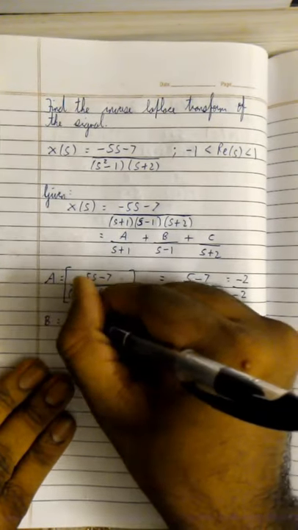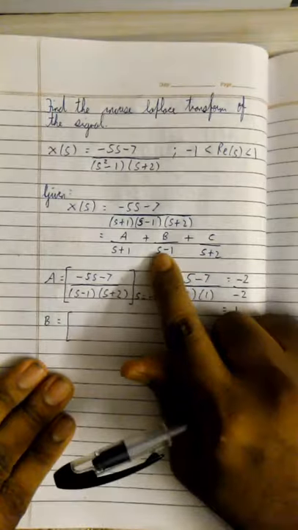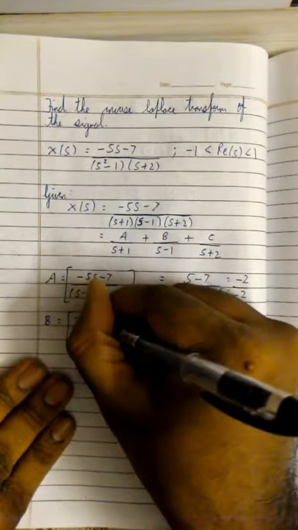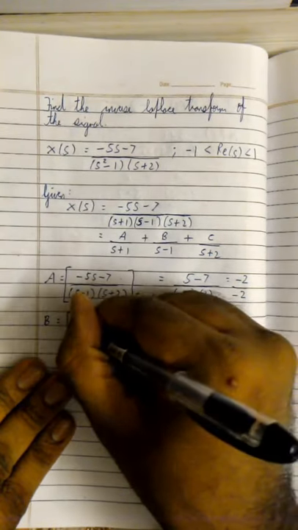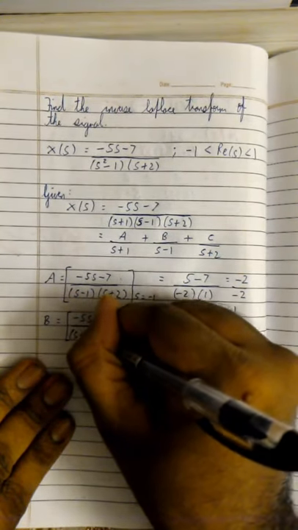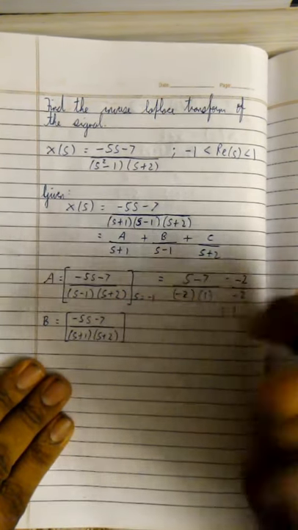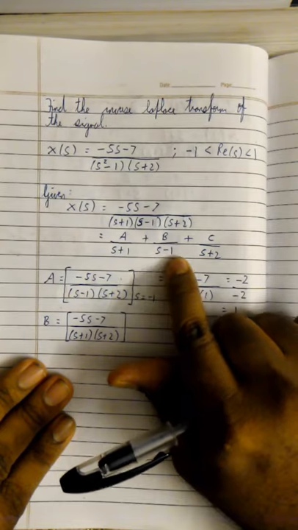Likewise B. Here the denominator of B is s - 1. So remove s - 1 from here and write the remaining expression, (s + 1)(s + 2). Okay. So now here s - 1 is equal to 0, so s is equal to 1.